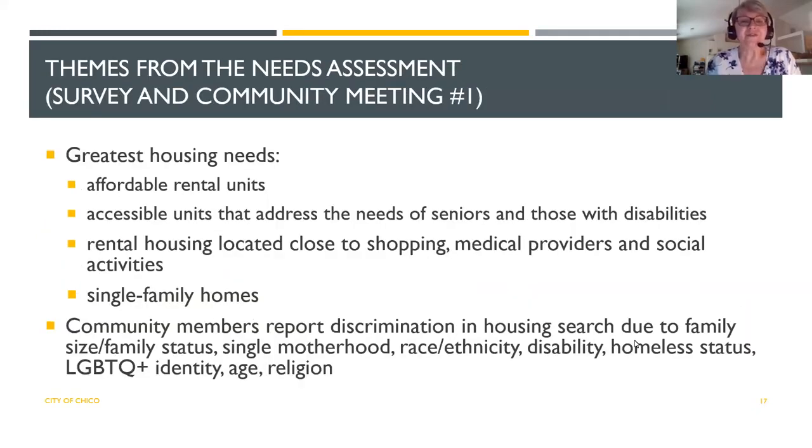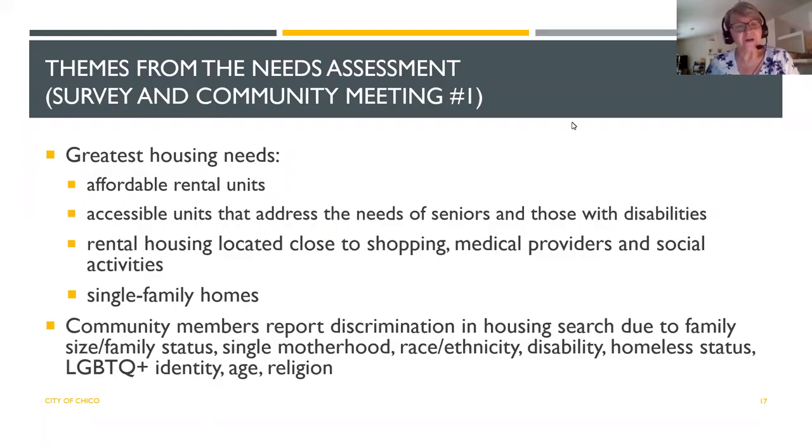Some additional themes from the needs assessment. This is from the online survey and the first community meeting. What was identified by citizens in Chico is that the greatest housing needs are affordable rental units, accessible units that address the needs of seniors and those with disabilities, rental housing that is located close to shopping, medical providers, and social activities, and single-family homes.